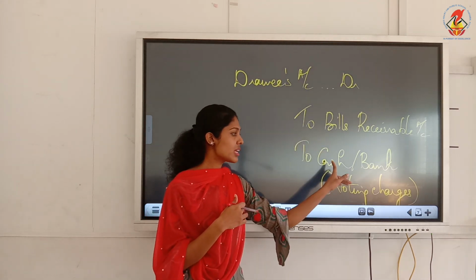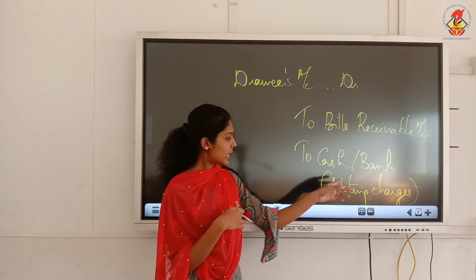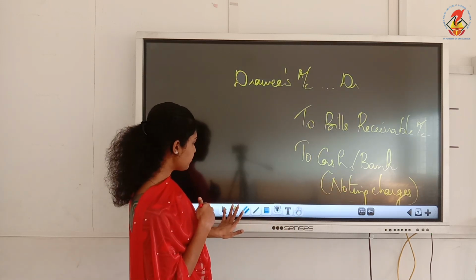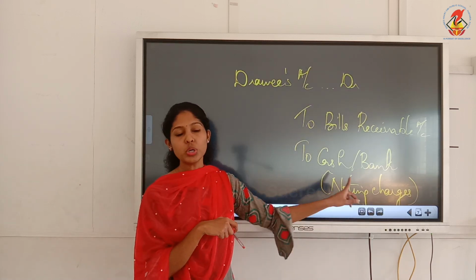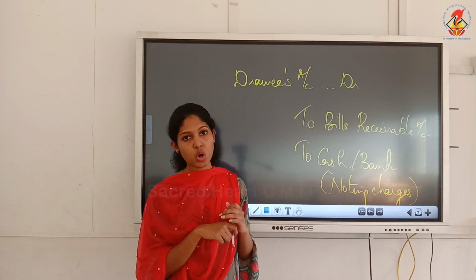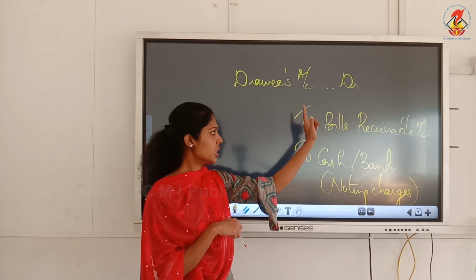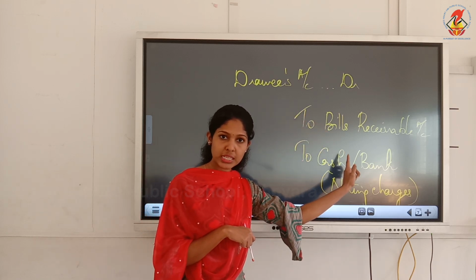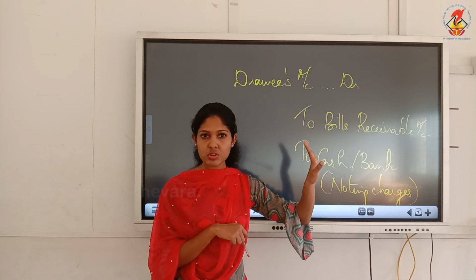So it will be written as to cash or bank because our cash is moving out. So noting charges is what we have to credit here, the amount paid as noting charges. So it is drawee's account debtor, that is customer debtor. Don't write to cash or bank for the bill amount because we haven't received cash. For that we have to credit bills receivable.